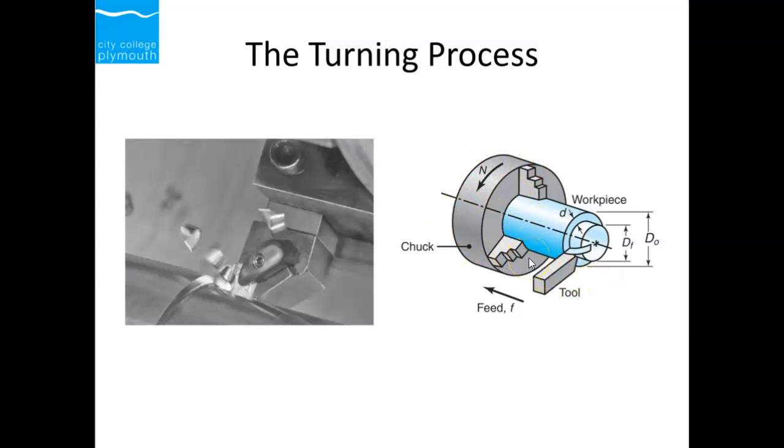The amount of material removed in turning depends on the speed, n, the number of revolutions per minute, and the depth of the tool, like the external and internal diameter, the thickness being removed.